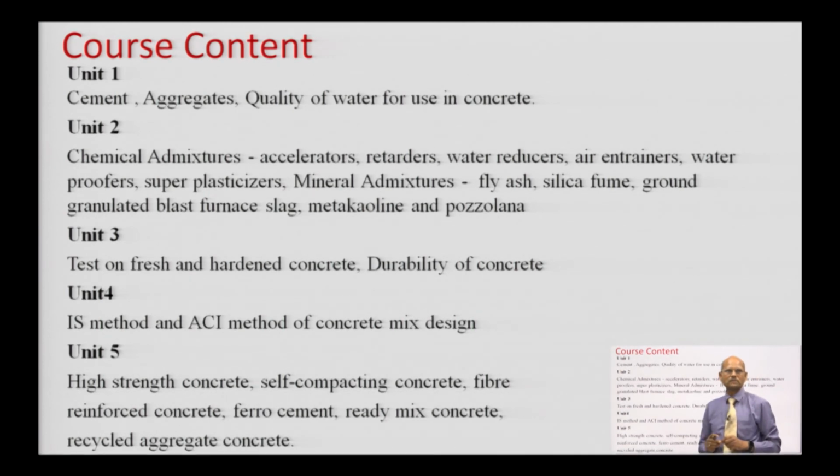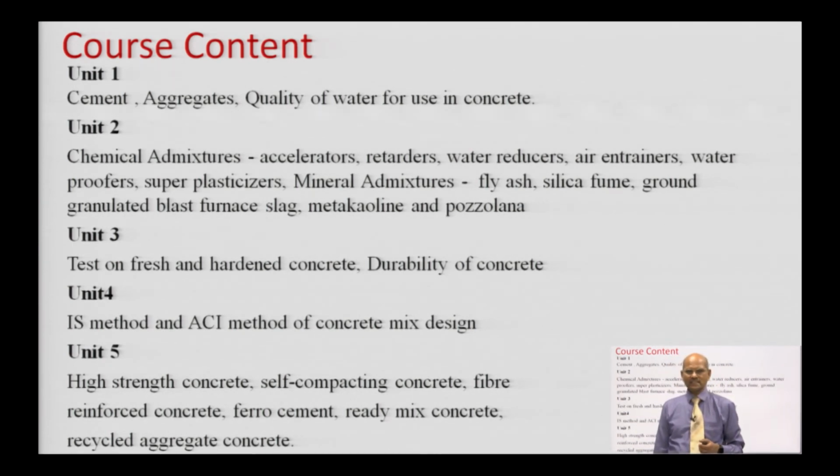All these things we have to study in detail. Unit 3 is related to quality control checks, because quality control is very important. In that we will be studying tests on fresh or green concrete and hardened concrete, and durability aspects of concrete. Concrete will be durable if we check at each and every point.